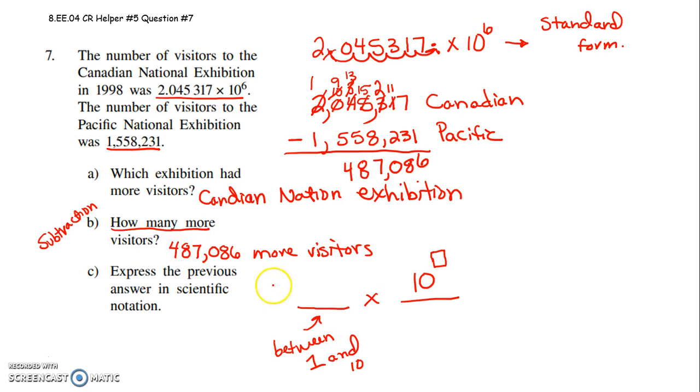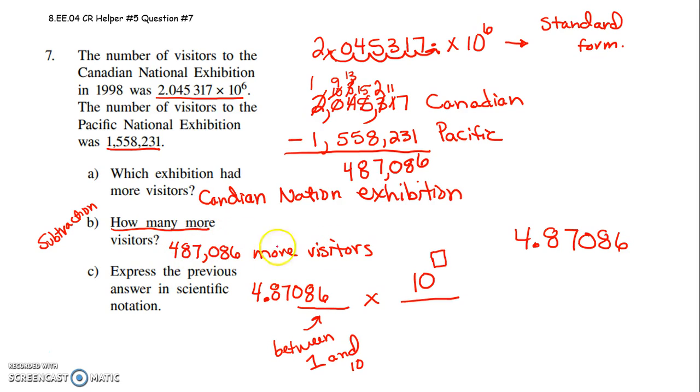4.87086 is a number between 1 and 10. It's an ugly number, but it's between 1 and 10. So 4.87086 would be my first factor. Now I have to figure out my power of 10.